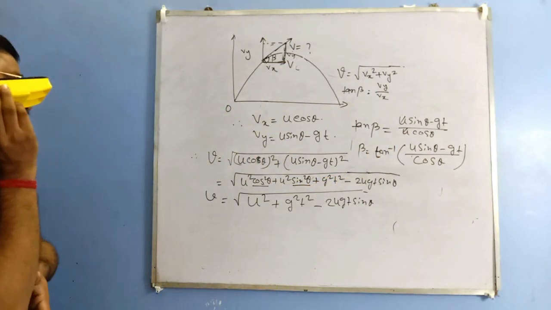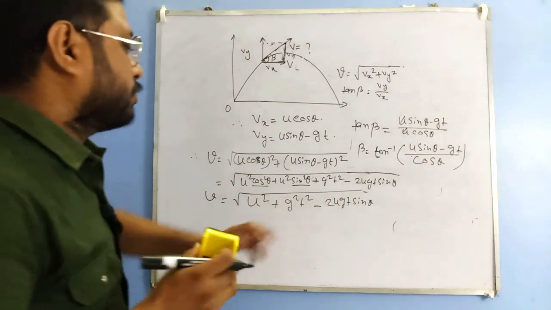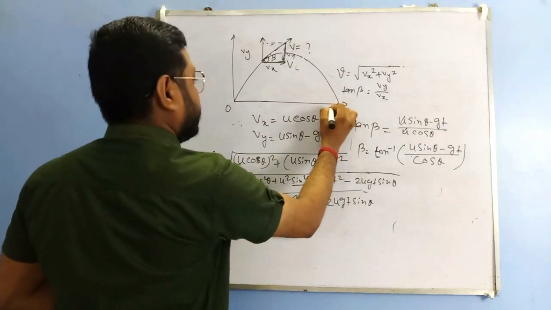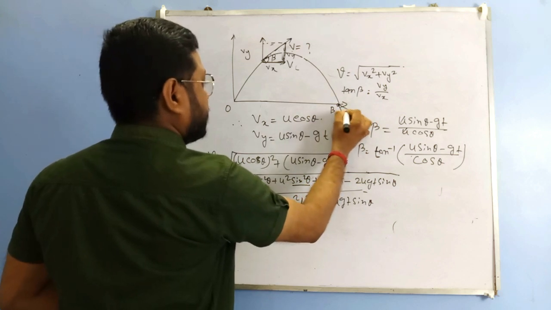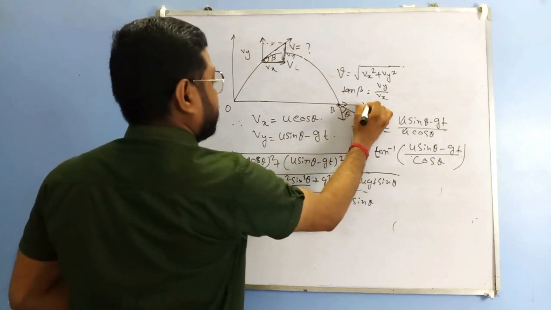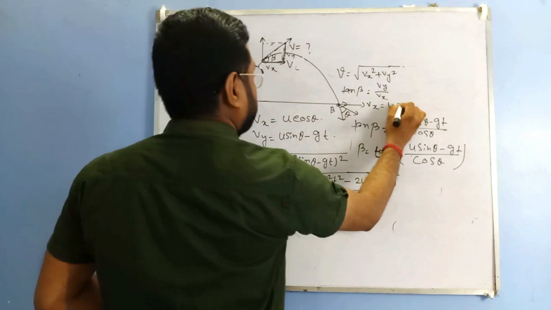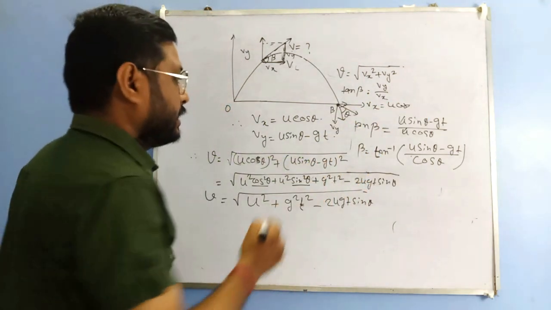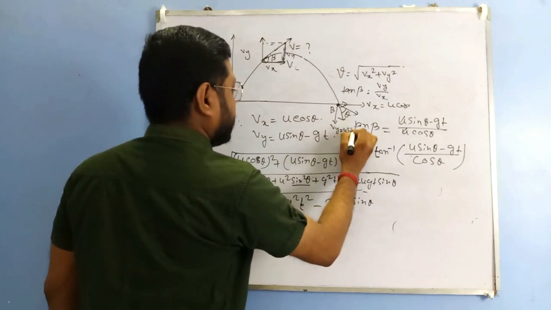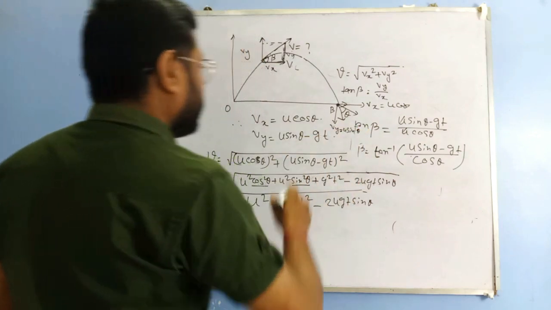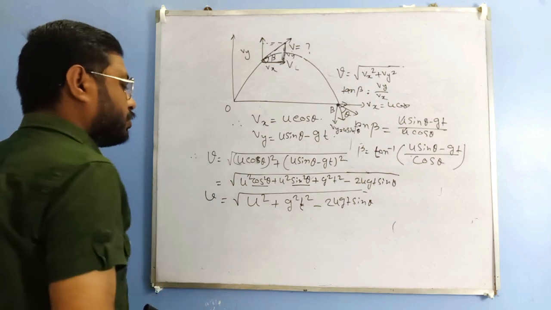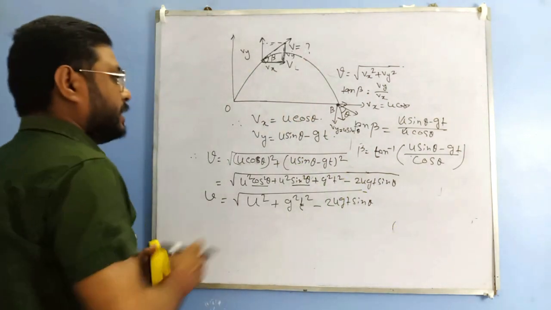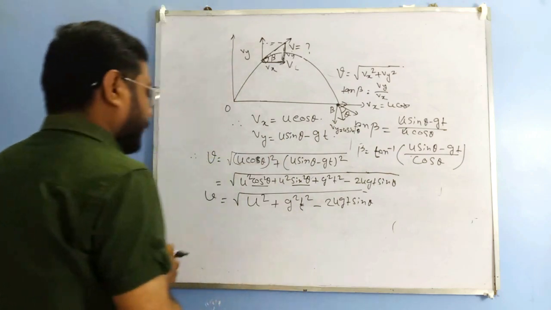If we put t at the end point, that is point B, the resultant velocity makes an angle theta, the direction of Vx equal to u cos theta, and Vy in the negative direction, that is u sin theta. So if we put t equal to 2u sin theta by g, that is the total time of flight, then what is the velocity at B?